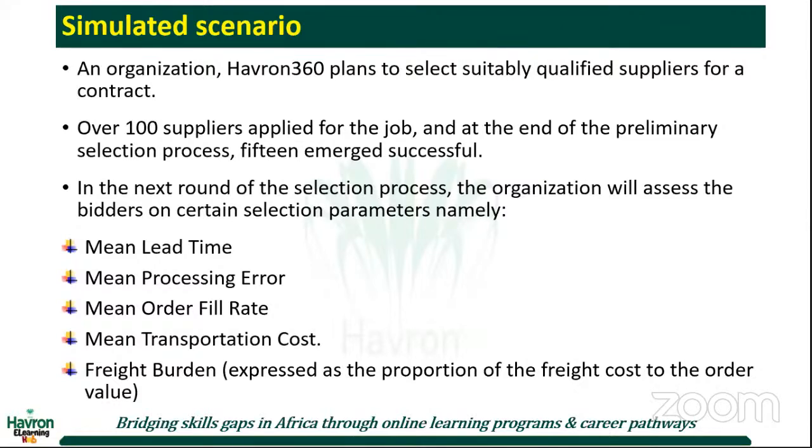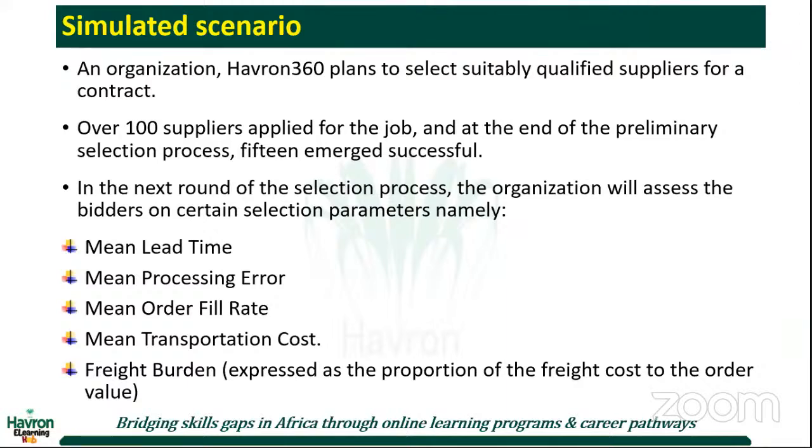And this is, we are seeing a situation where a company wants to procure some commodities, and it's going to assess some suppliers based on certain parameters. And so over 100 suppliers applied for the job.